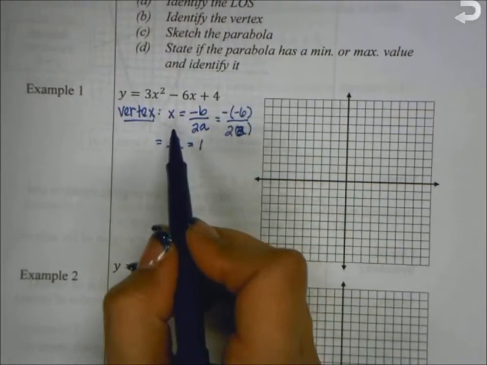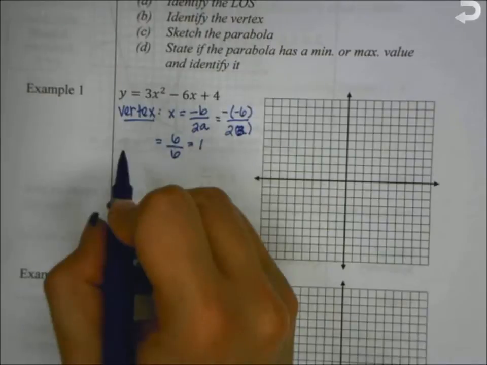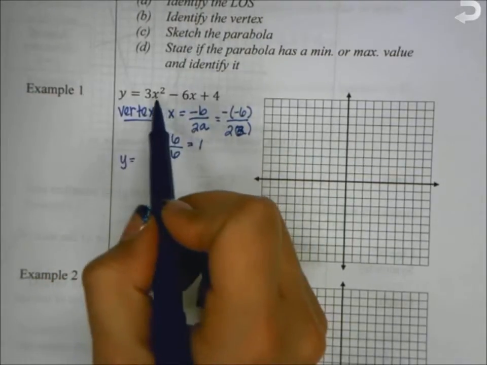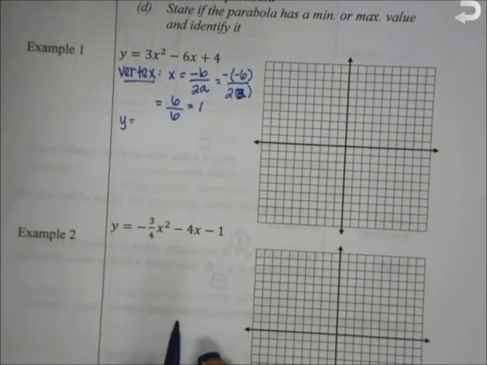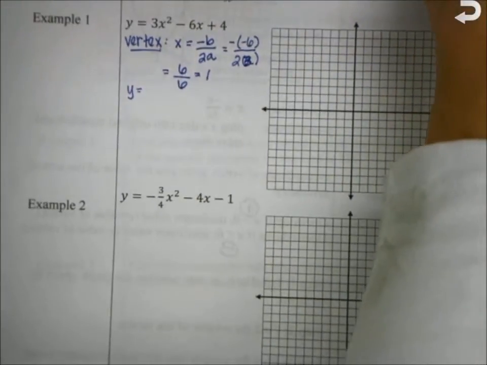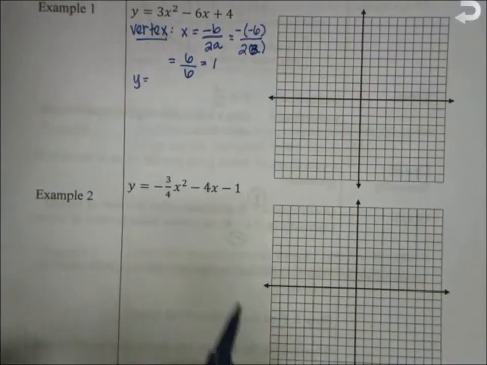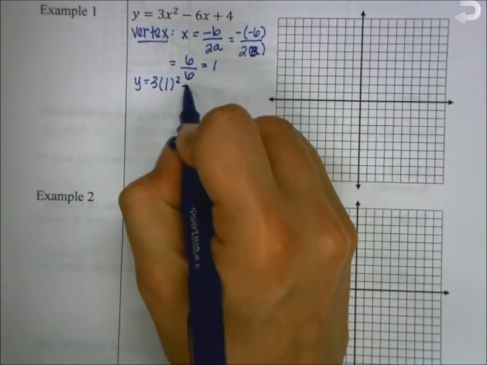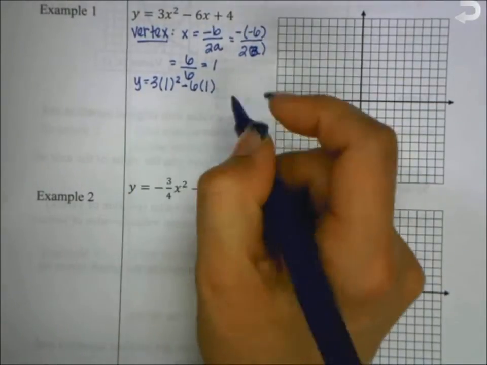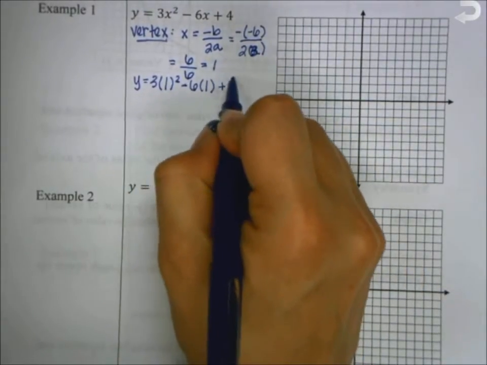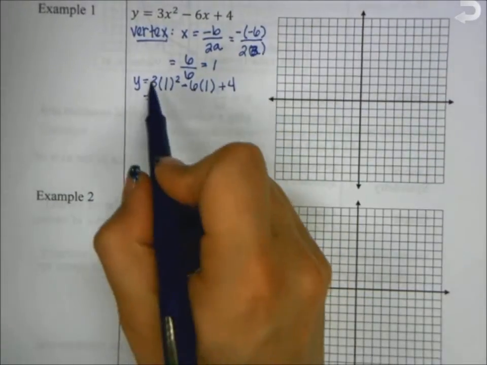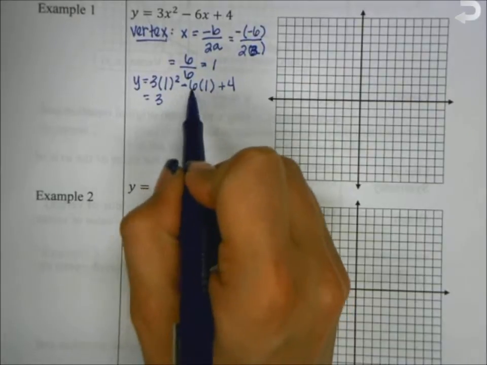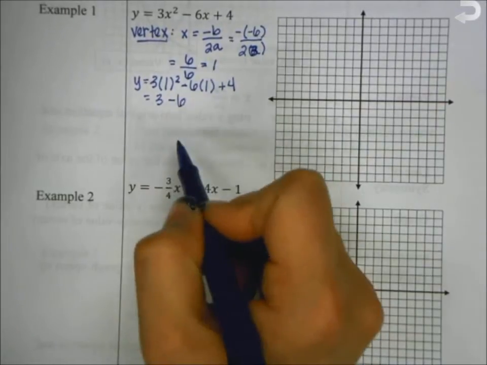How do I find the y value? I plug it back into the original equation. So to find the y value of the vertex, I get 3 times 1 squared minus 6 times 1 plus 4. 3 times 1 squared is just 3. 6 times 1 is minus 6, plus 4.